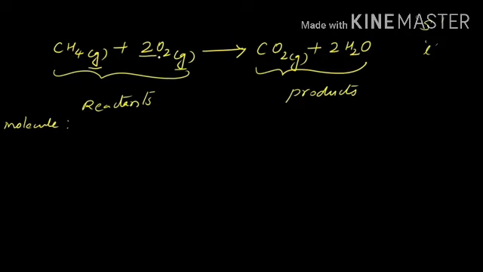One molecule, right? One molecule of CH4 is reacting with two molecules of oxygen to give out one molecule of carbon dioxide and two molecules of water, right? That's the first information that we get from this balanced chemical equation. Before writing the information in this chemical reaction, make sure that it is balanced.